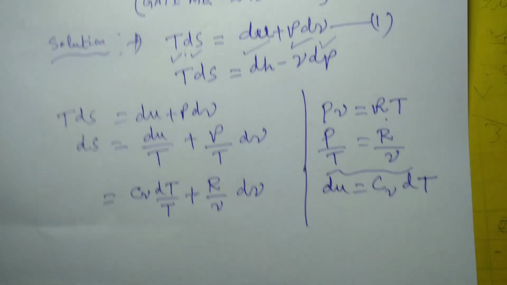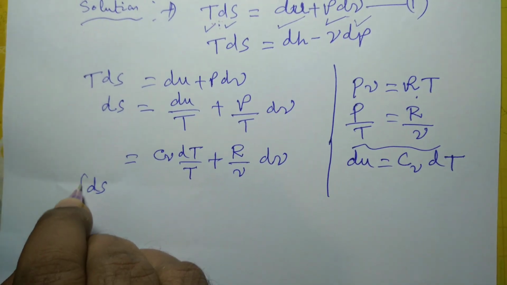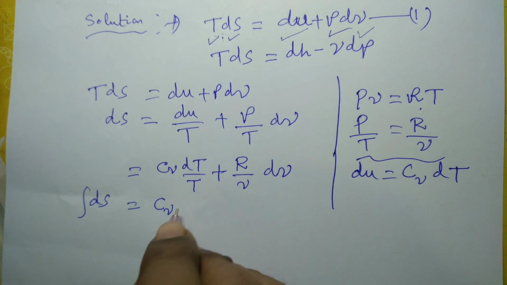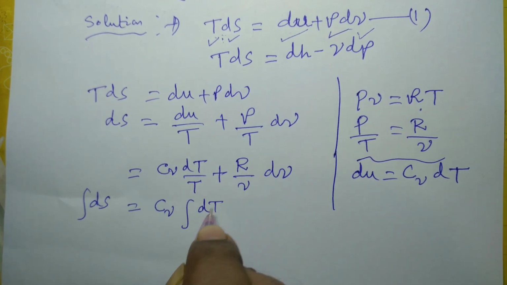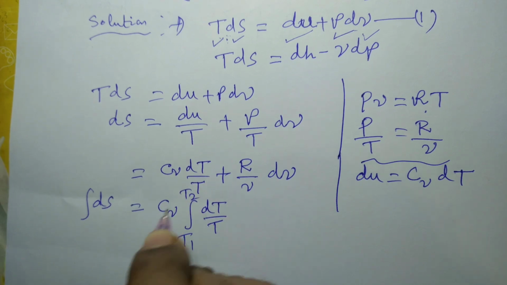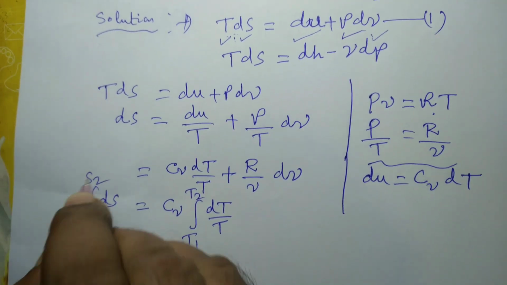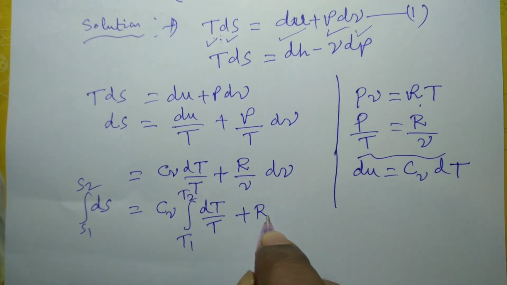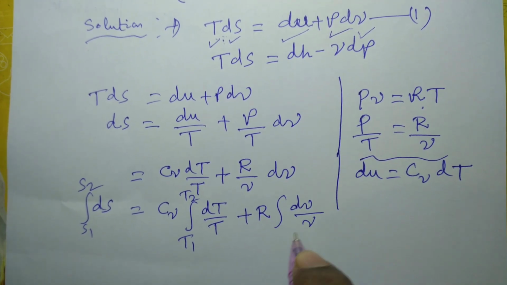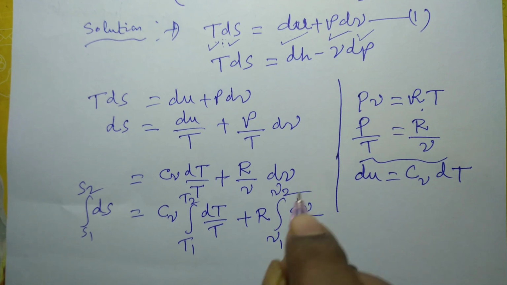On integrating this dS, Cv is a constant for an ideal gas. So Cv dT upon T, with limits from T1 to T2, plus R is a constant which can be taken outside, dV upon V, from V1 to V2.